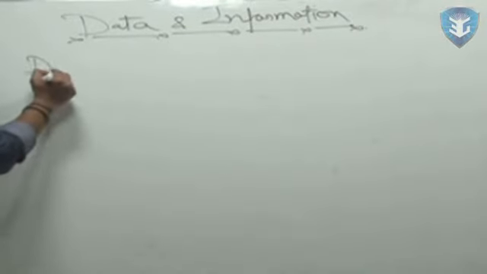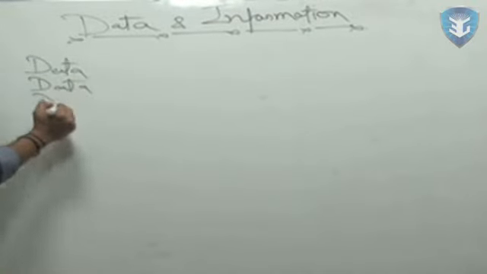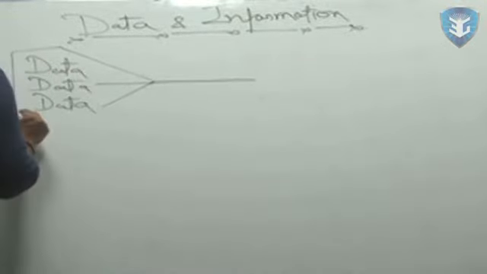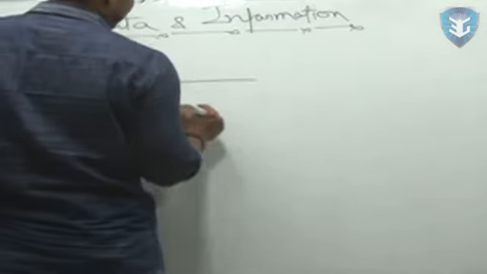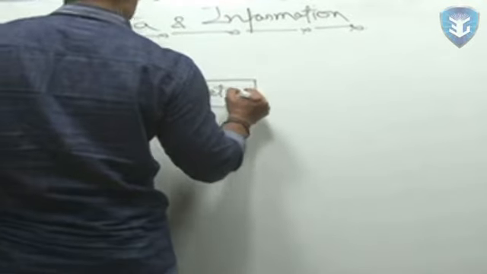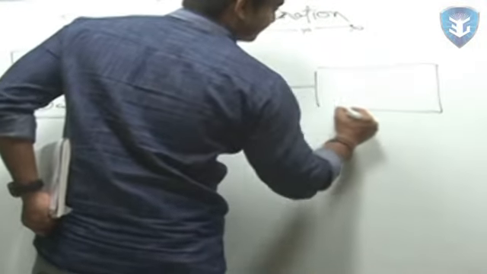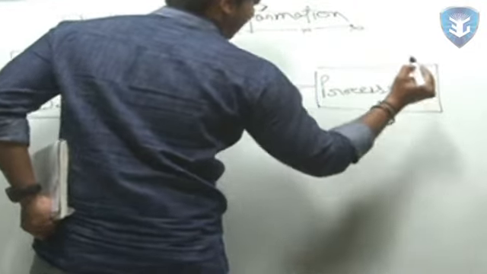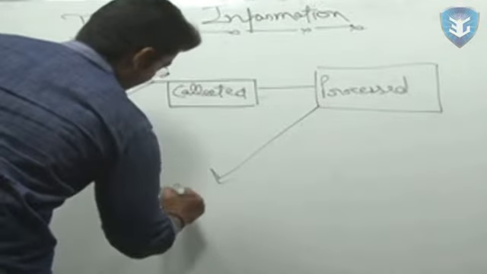See, data is the raw form of information, which is collected, processed, and then turned into information.